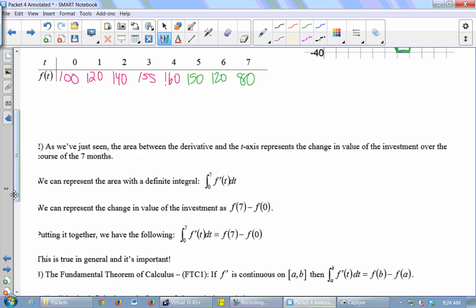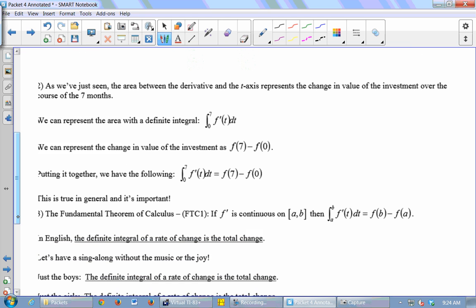All right, so the area between the derivative and the t-axis represents the change in value of the investment over the course of 7 months. So we could represent this area with a definite integral, the integral from 0 to 7 of f prime of t dt. And we could also represent the change in value of the investment by taking the value at month 7 minus the value at month 0.